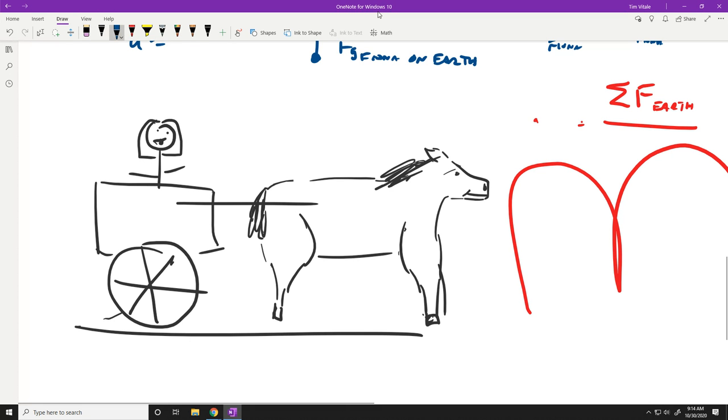So here's the question. If Newton's third law is true, which I'm telling you it always is, the question is, how do they ever get started to move, right? Because if the horse moves to the right, I'm just going to erase this real quick.